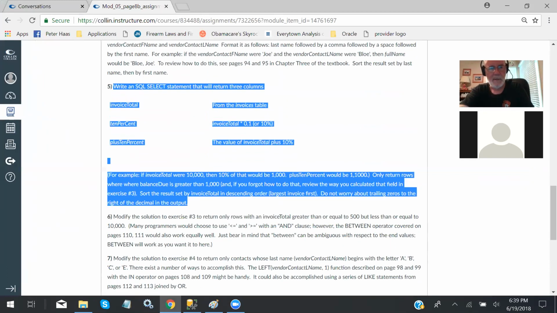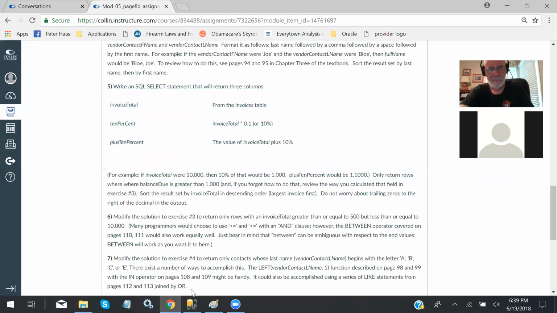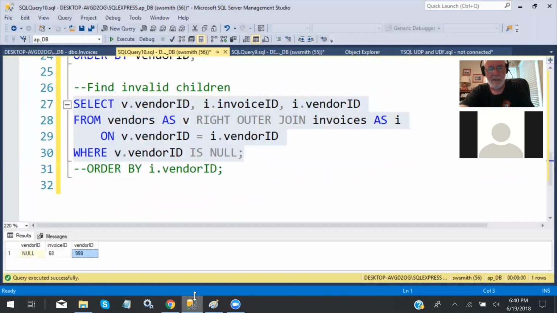Oh, let's just write it quickly. So we want to see balance due where the balance due is greater than 1,000. So let's find out.